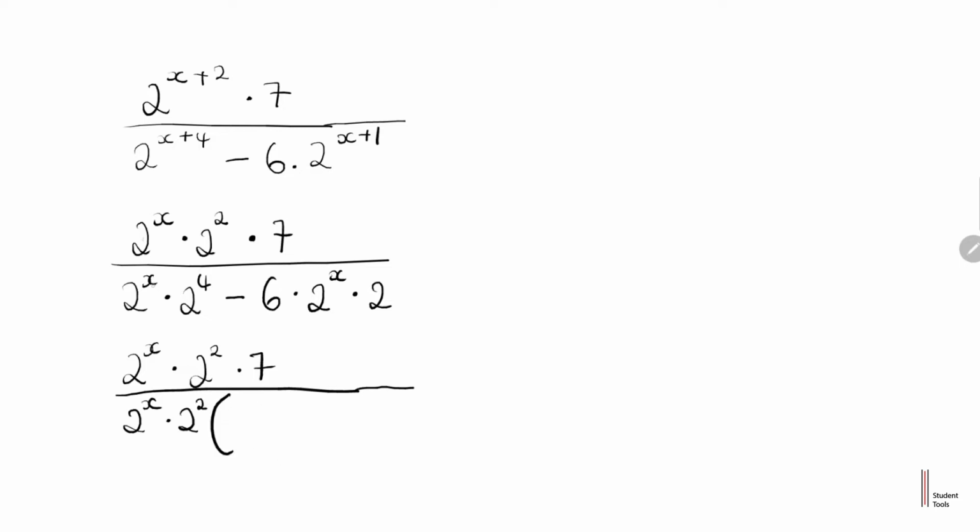So to get this, 2 to the power x multiplied by 2 to the power 4, we will have here a 2 to the power 2, because when you multiply this and this, it will give you 2 to the power 4, and then we will have this 2 to the power x over here.